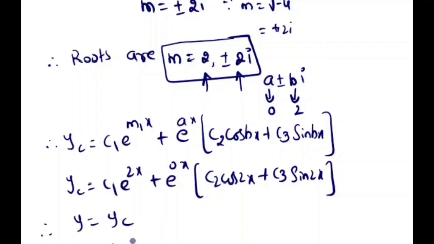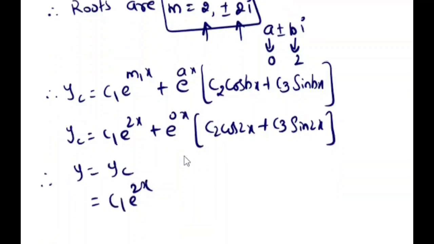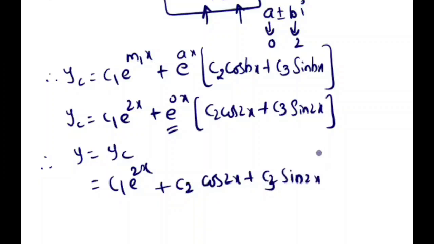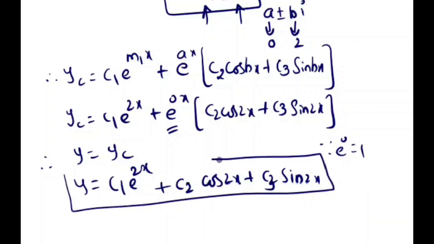So c1 e raised to 2x plus, the value of this becomes 1, e raised to 0 is 1, so it remains only the bracketed term, that is c2 cos 2x plus c3 sin 2x, because e raised to 0 is 1, and this will be your complete solution.